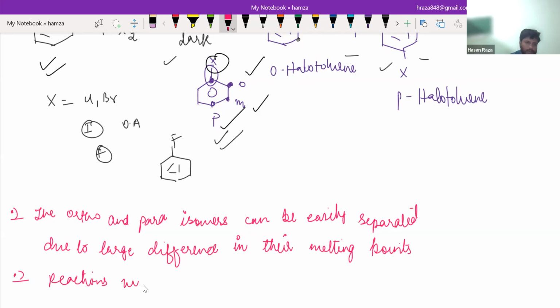reactions with iodine are reversible. Everyone knows what a reversible reaction is; I will ask it.